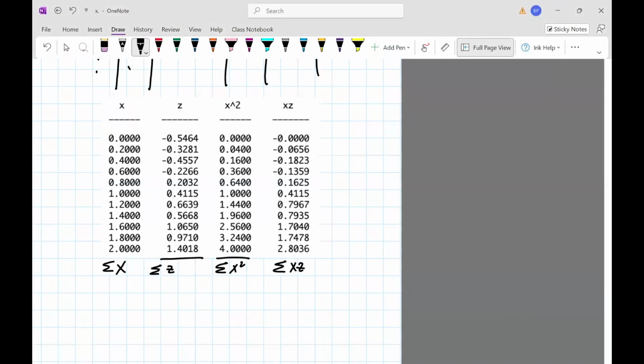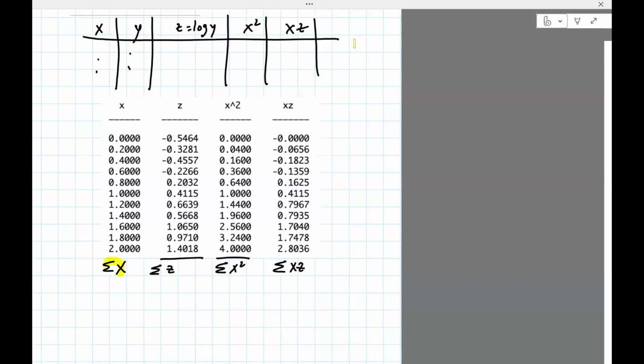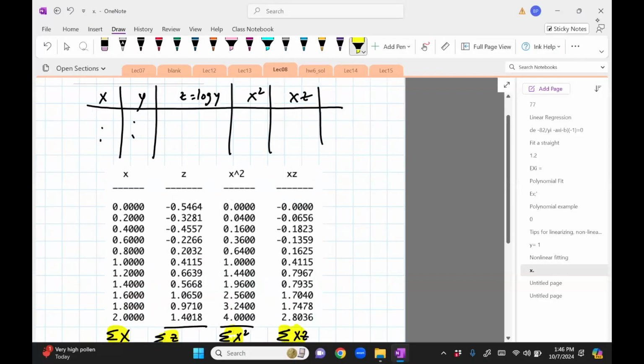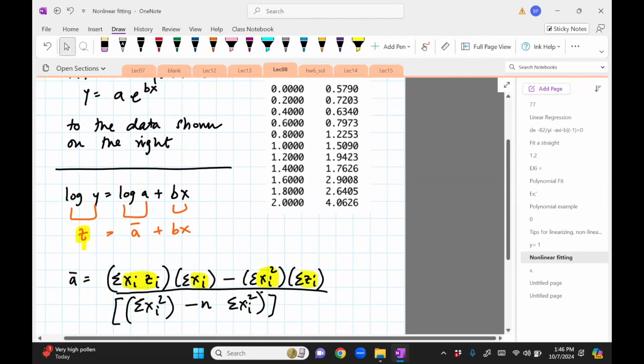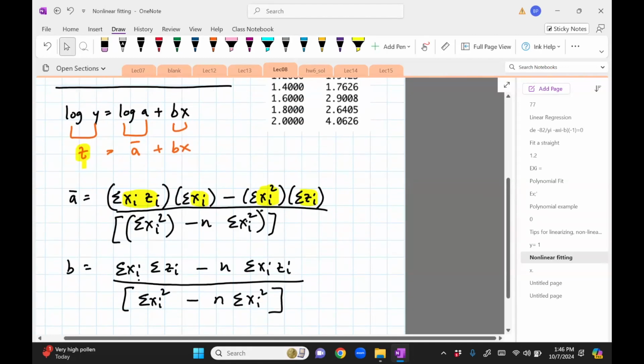I don't think I wrote this down, but it's just a matter of summing all this, and whatever sum comes here will go right here in a bar and b, and everything is here. N is, by the way, 11. There are 11 terms. You can count these are 11 data points.